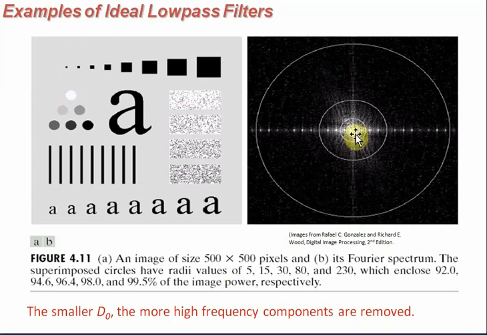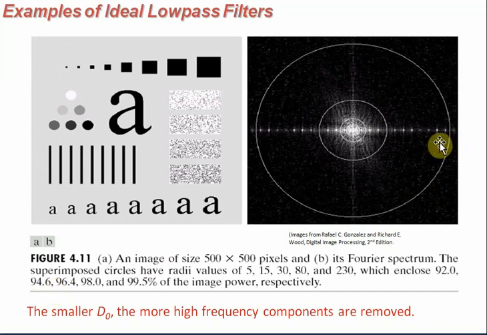If I take only the radius 5, with that alone I can get 92% of the total image power. If I take 15, then 94.6% of the total image power is in that. If I eliminate everything other than the radius 15, then of course I can get 94.6 percent.